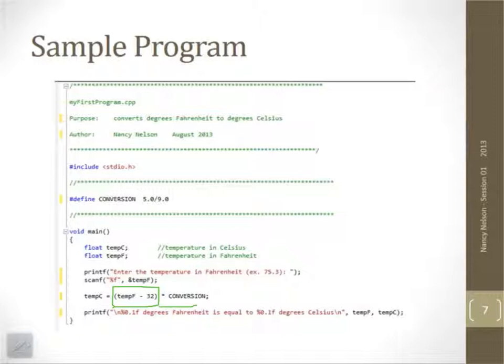Then we're going to multiply by the conversion factor. Then we're going to assign it to temperature C. So those are the only operators that we have in here. We had our division, and we have an assignment operator, brackets, and a multiplication.